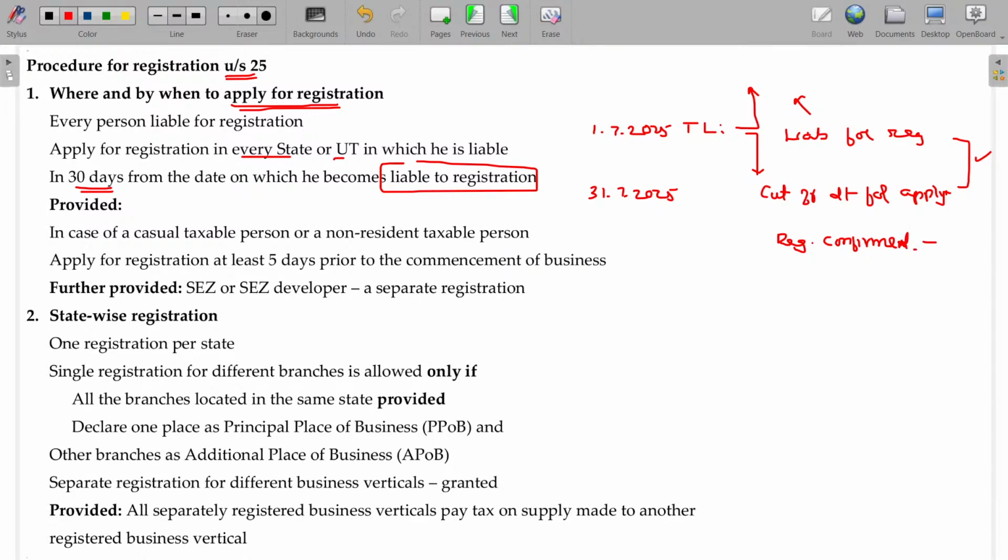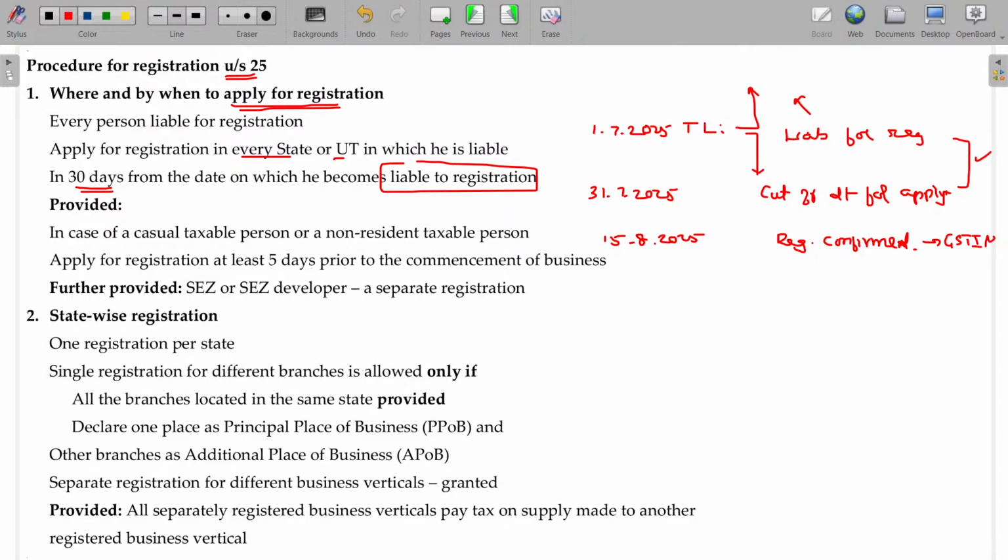Registration confirmed and you got the GST number. Assume this being on 15th August 2025. The moment you are liable for registration as per section 22, 24, whatever it may be, or if you go for voluntary registration, from the date of liability, you have to apply for registration within 30 days.